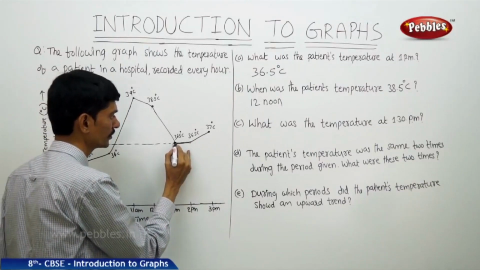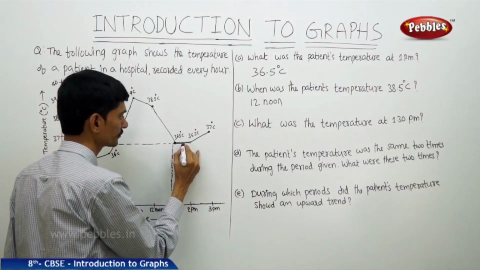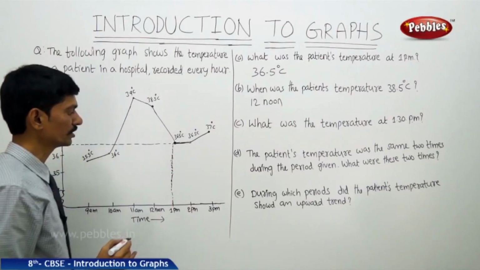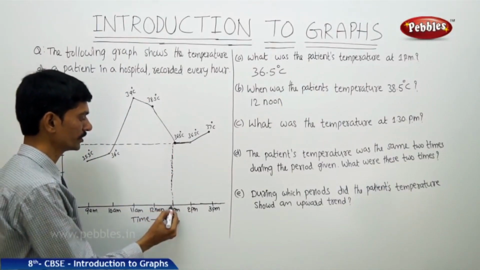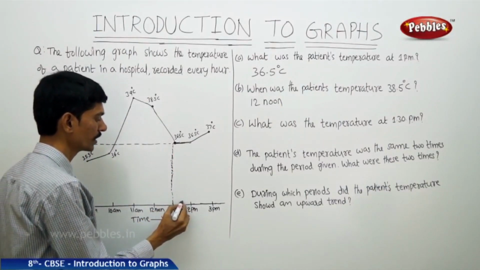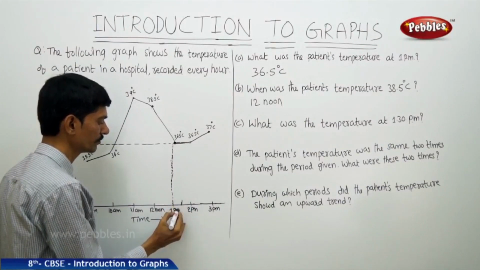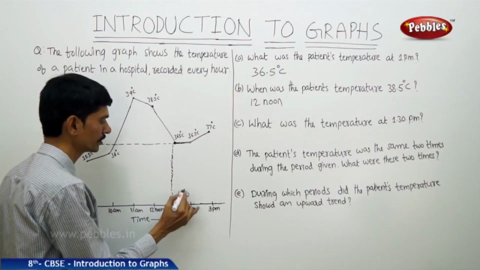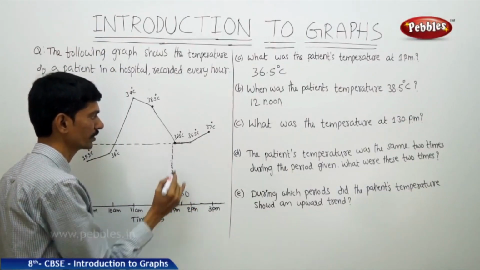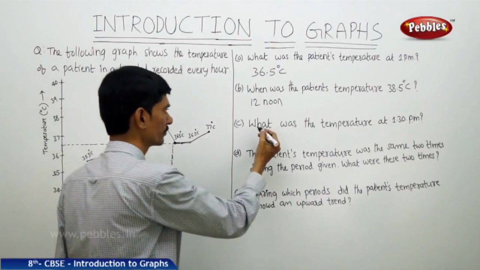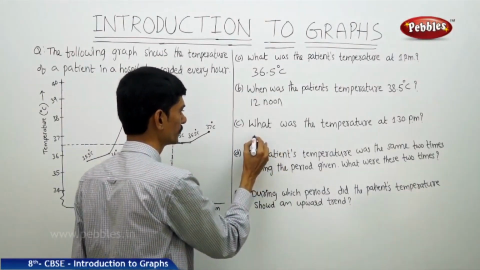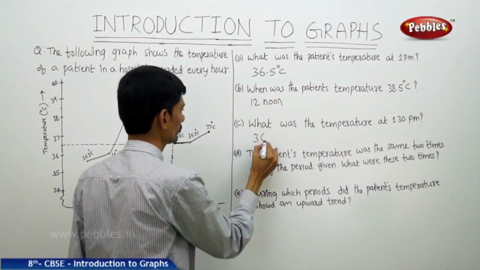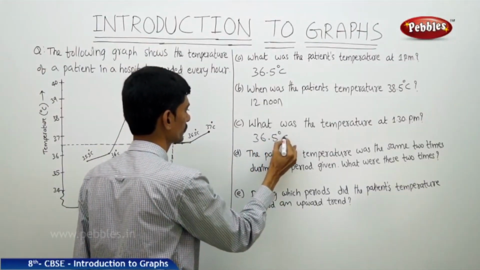This horizontal line represents that there is no change in the patient's temperature from 1 p.m. to 2 p.m. So at 1:30 p.m. also the patient's temperature is the same, 36.5 degrees centigrade.